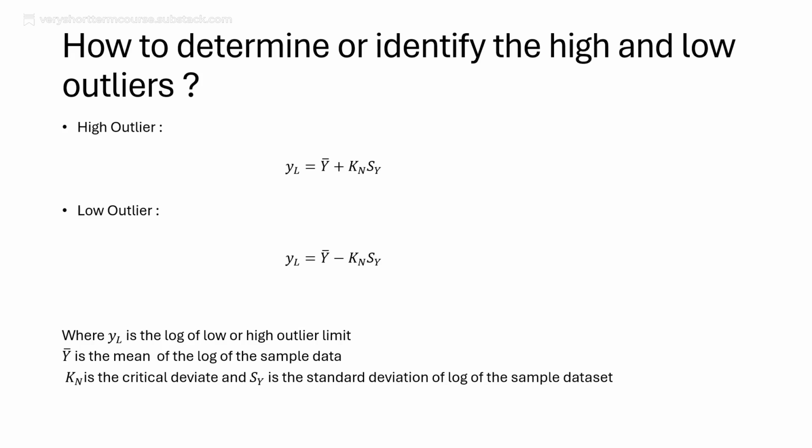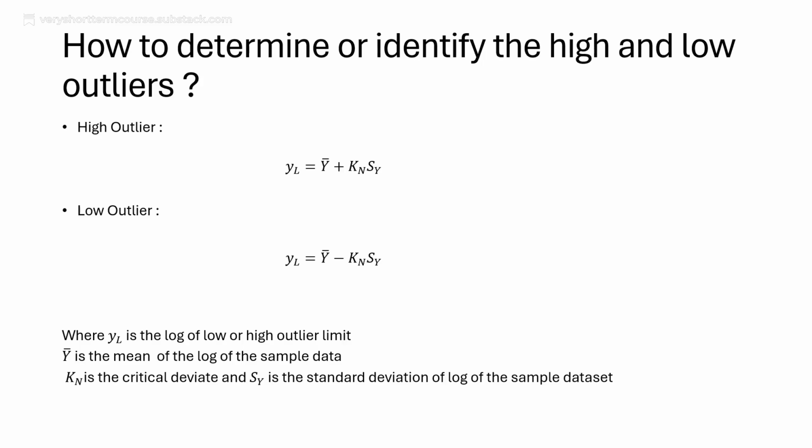The formula for detecting high outlier is Y. Here, each of the data set. Suppose you have a data set of discharges, river discharge. The first step of this method will be to find the logarithm of the data set. Find the log of each of the data. After then you use this formula.